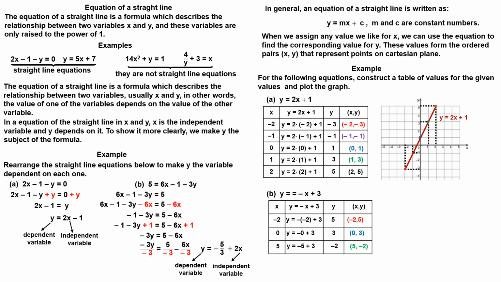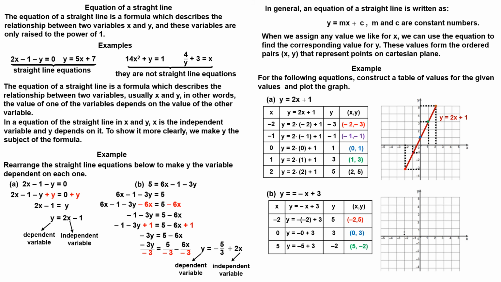Now locate the points on the Cartesian plane. Join the points to make up a straight line. All points on this line are ordered pairs of this equation.